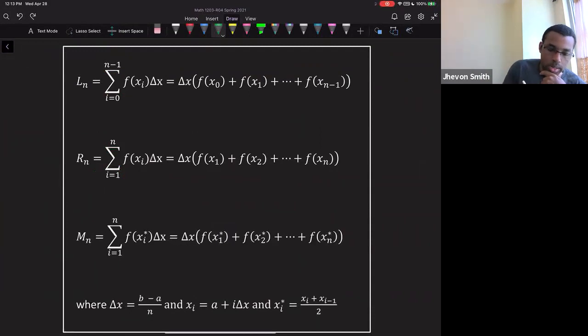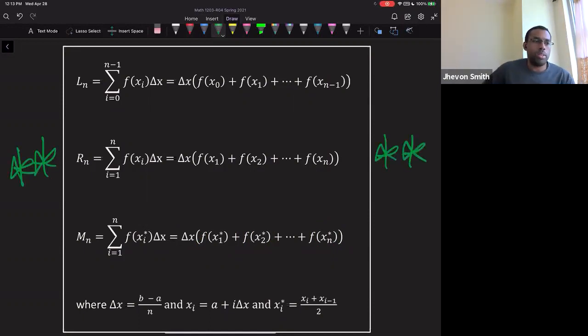And then for the midpoint, you're just going to be adding the outputs of the function at the midpoint values, all of those times the length. And that will give you the areas. So these formulas here are important. It's kind of known in principle.